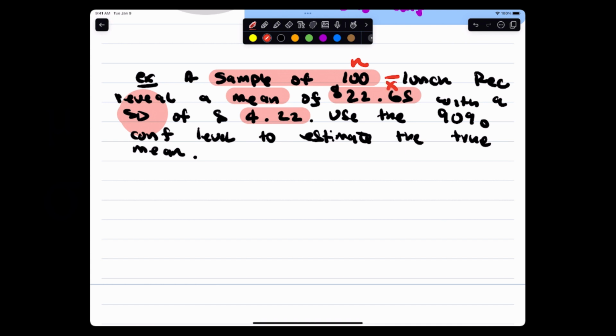Sample mean, sample standard deviation. Use now the 90% confidence level to estimate the true mean. So there's going to be a true mean here. That's mu.